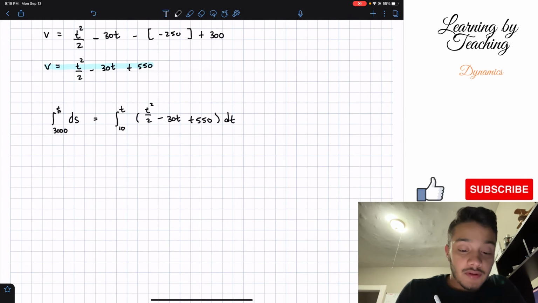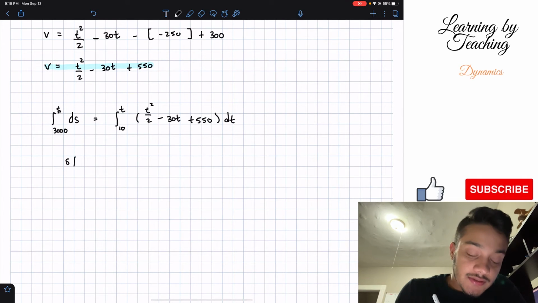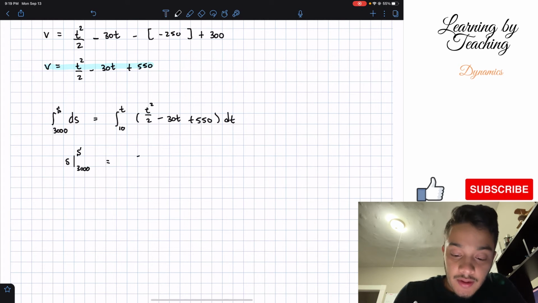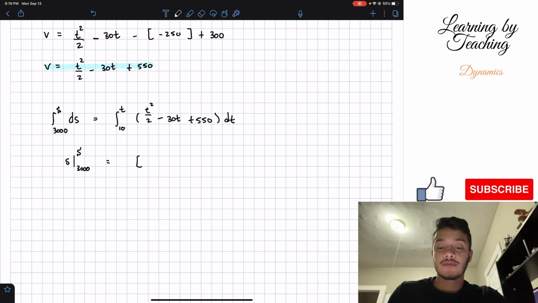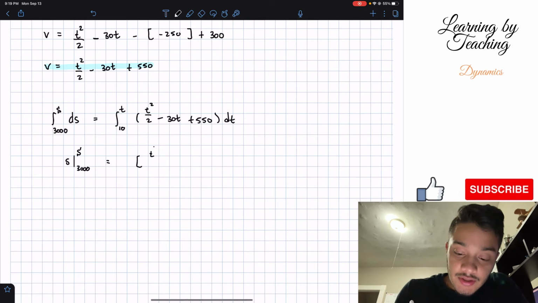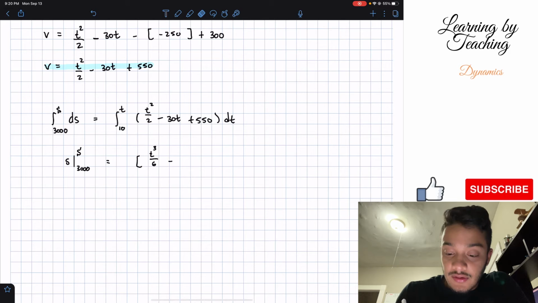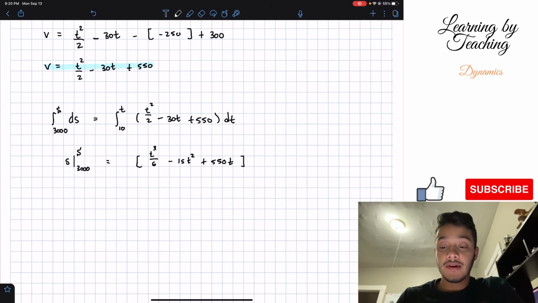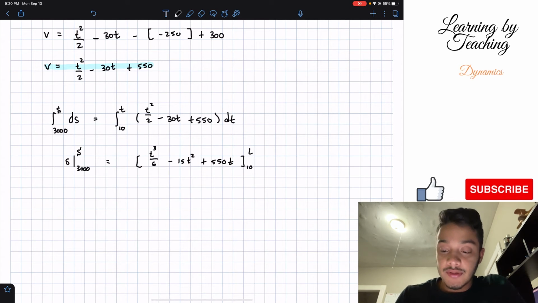If we solve the integral on our left, we're going to get s, and it's going to be evaluated from 3,000 to our final position s, has to be equal to, and then if we perform the integral on our right side, we'll have t cubed divided by 6 minus 15t squared plus 550t. And these are going to be evaluated from 10 all the way to t.